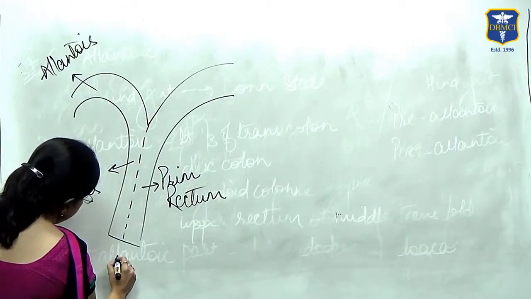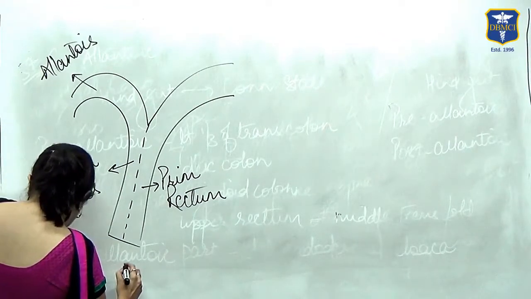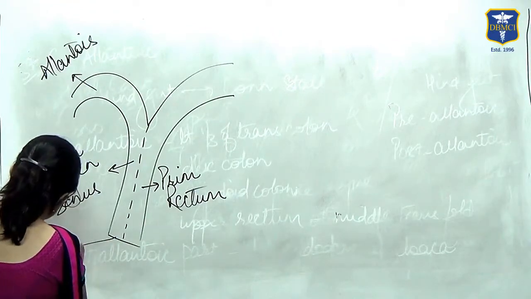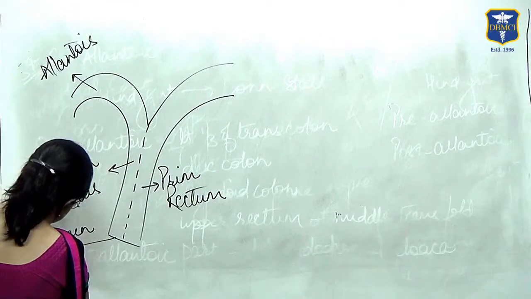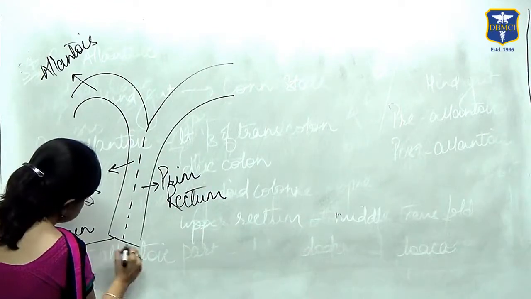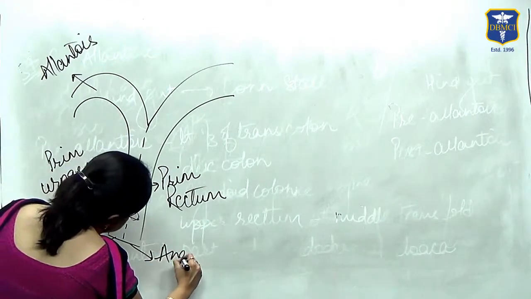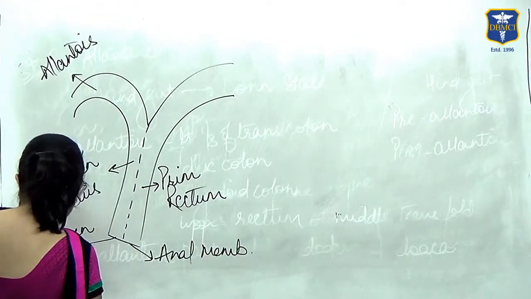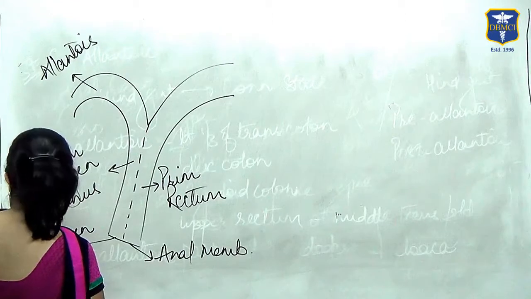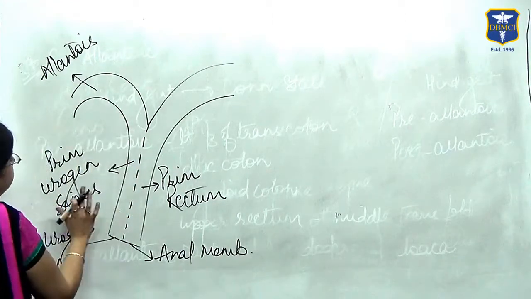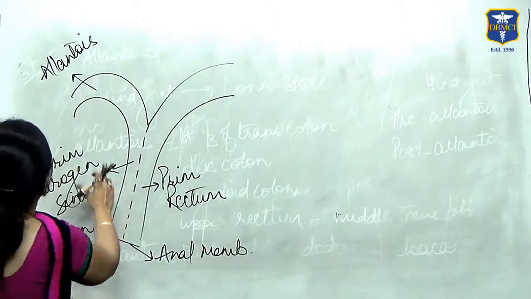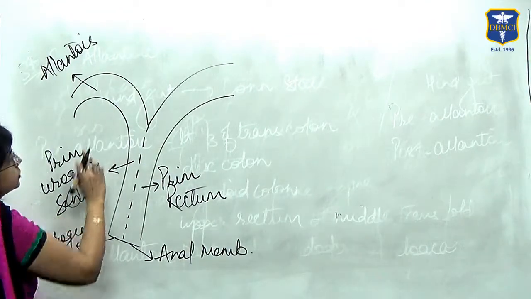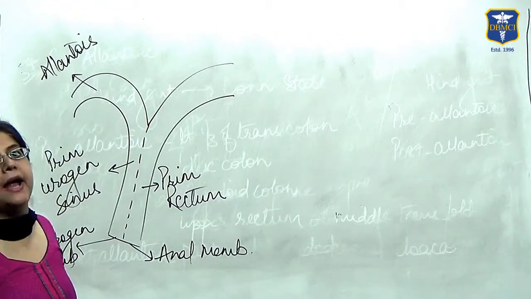This is the anal membrane and the urogenital membrane. This anterior part, which is the primitive urogenital sinus along with the allantois, develops into urinary bladder and urethra.